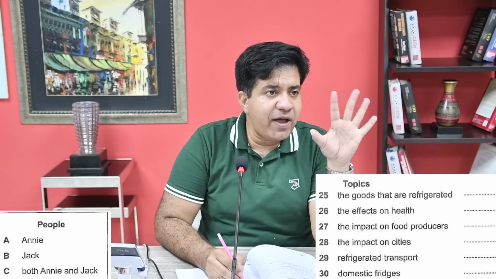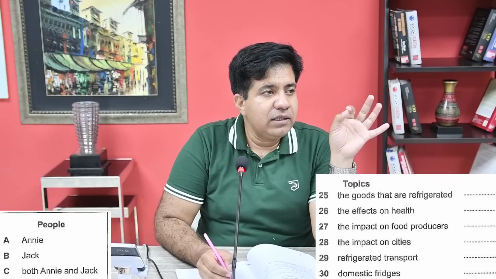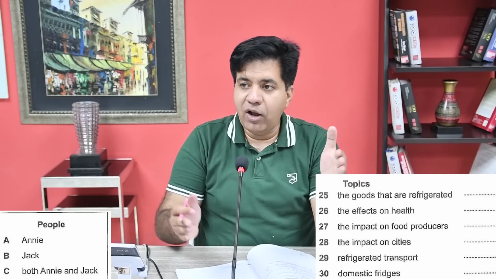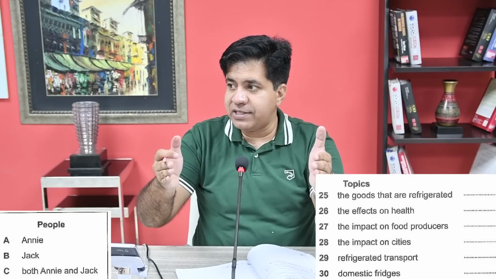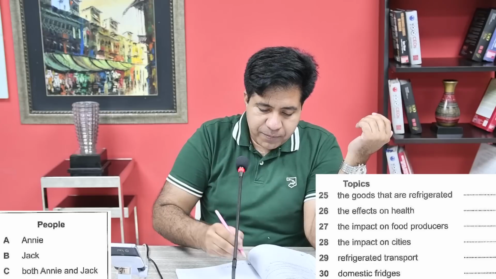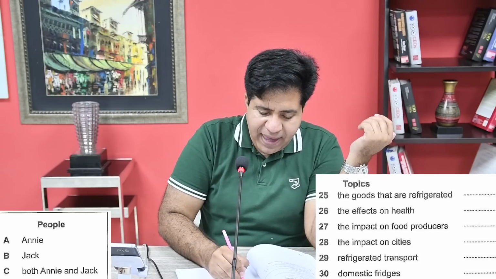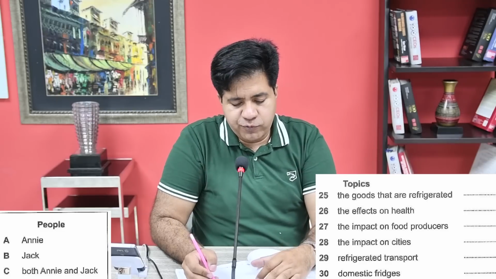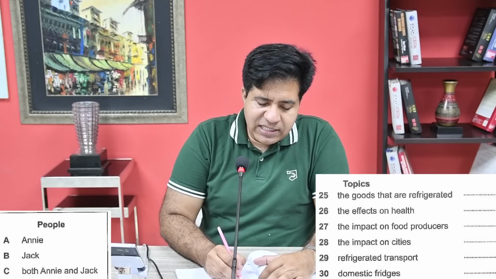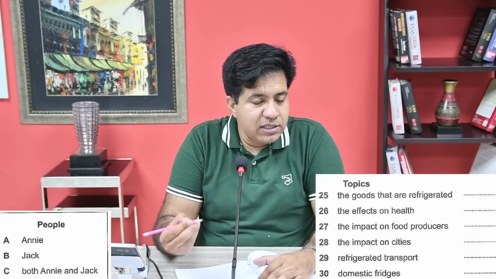For example, if I'm going to read 26, I will only read effects on health. Now, this is one of the topics of the presentation. Who is going to do that? Jack, Amy, or both? Impact on food producers. Question number 27. 28. Impact on cities.